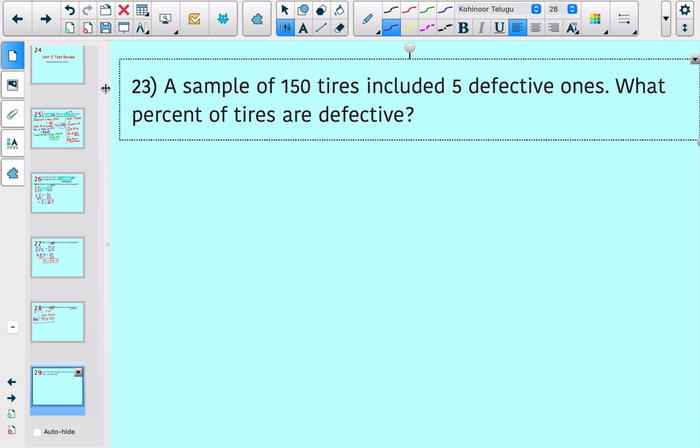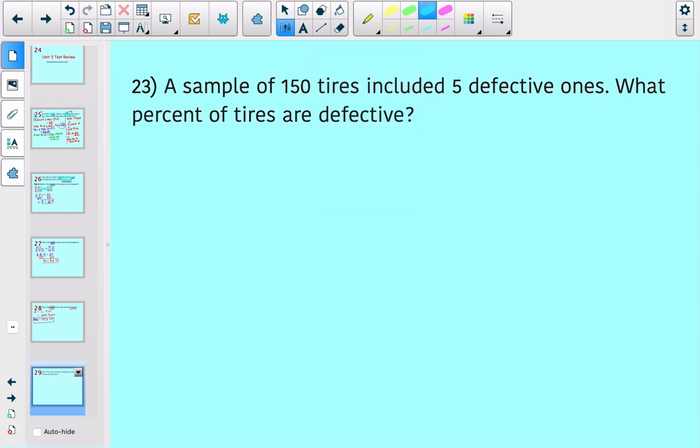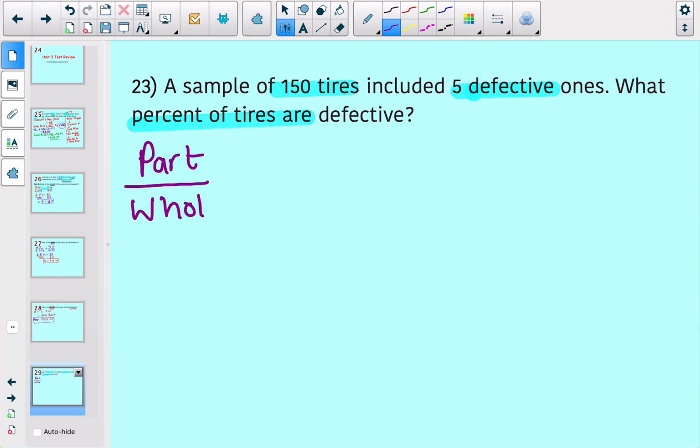All right, there is a sample of 150 tires that includes 5 defective ones. What percent of the tires are defective? Okay, so again, I'm going to set up my proportion. It's going to be part over whole equal to percent over 100. Now do I know my part? Yes, out of 150 there are 5.